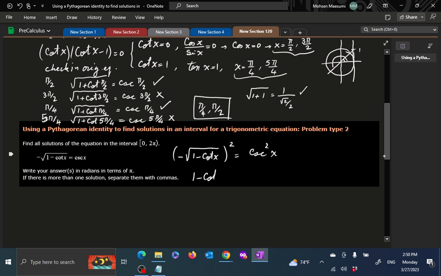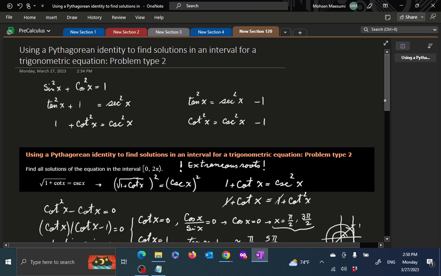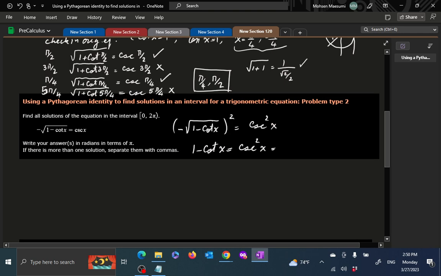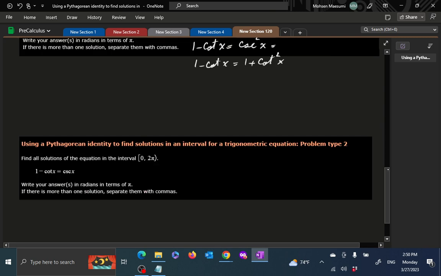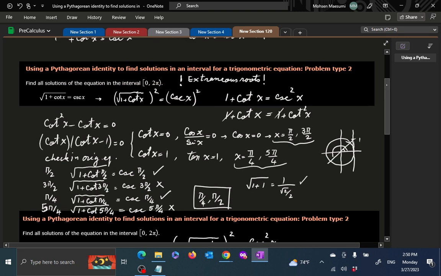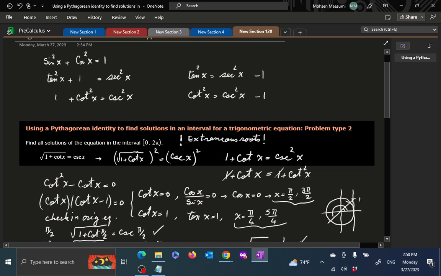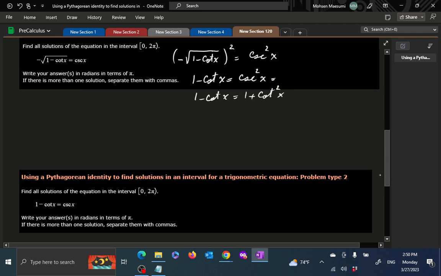So 1 minus cotangent of x comes out of the radical, and the other side is cosecant square of x. Cosecant square of x is 1 plus cotangent square of x. So this is 1 minus cotangent of x equals 1 plus cotangent square of x. We use this identity here: cosecant square is 1 plus cotangent square.